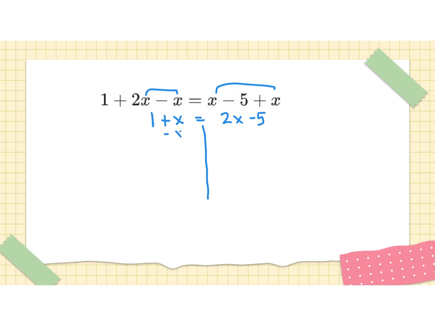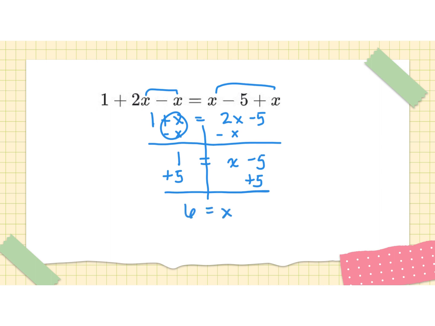I'm going to subtract x from the left and subtract it from the right. Then I'm going to end up, that's my dedicated 0. I have 1 is equal to x minus 5. I need to move the 5 by adding the opposite, plus 5. And that leaves me with 6 is equal to x, which is lovely, but I have to check it to make sure.